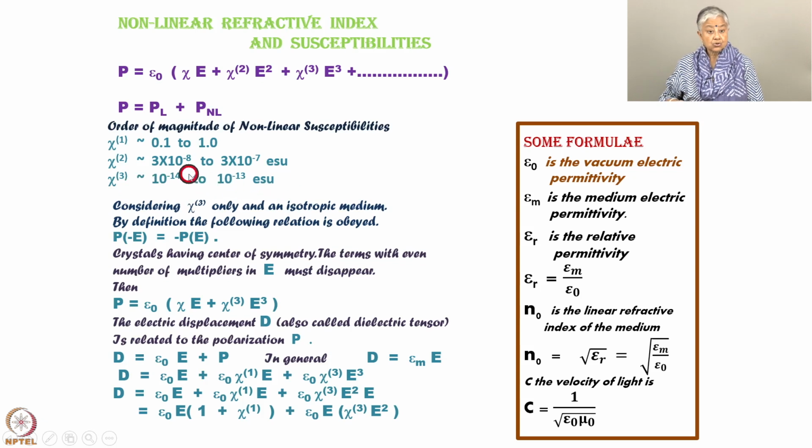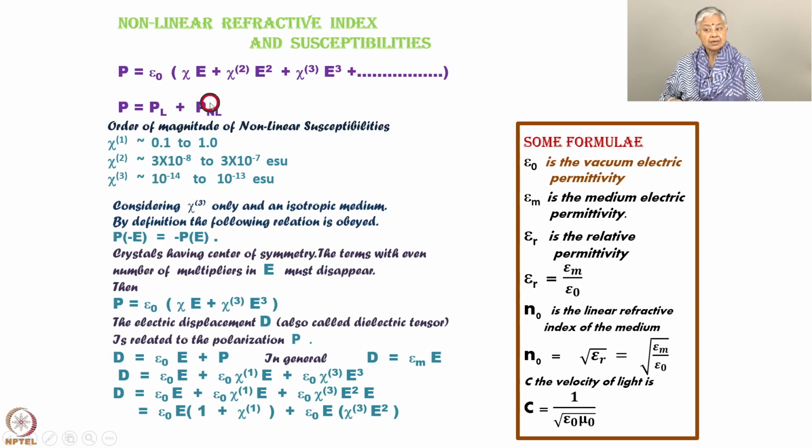As you can see, chi 1 is 0.1 to 1 and chi 2 is 10 to the power minus 8 or minus 7. It is so much smaller than chi 1, and chi 3 is even smaller than chi 2.